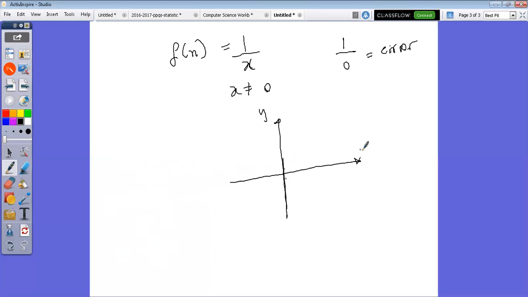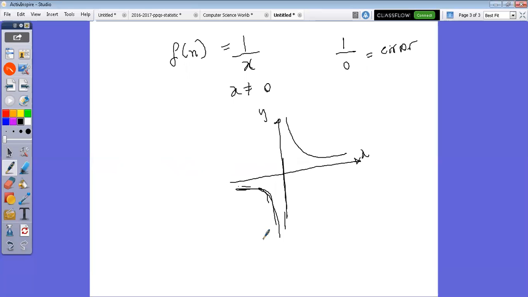Clear? So it will be like this. It's symmetrical. It comes very close on the other side, very close there. Clear now? That's how the graph looks.